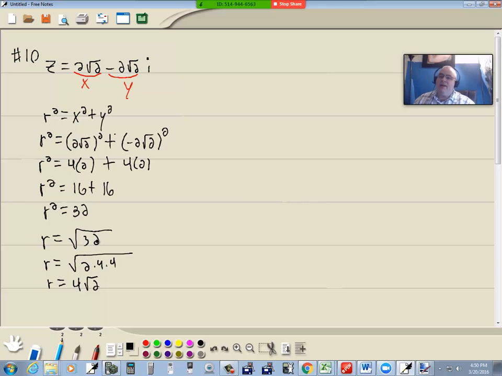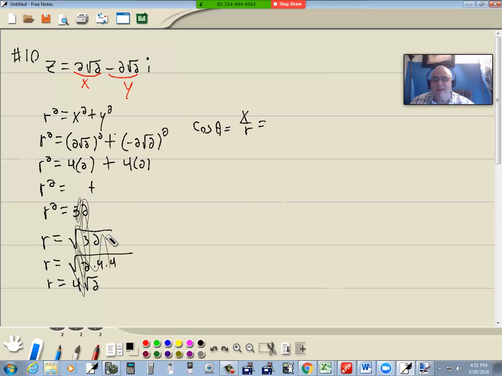Two things we have to find. We have to find theta and we have to find r. Now, assuming this is on the unit circle, and it looks like a good sign that it will be, but we'll see. Then cosine of theta is going to equal x over r. And let me just double check. Can't do basic math. It was looking like it wasn't going to be on a unit circle. 4 times 2 is not 16.